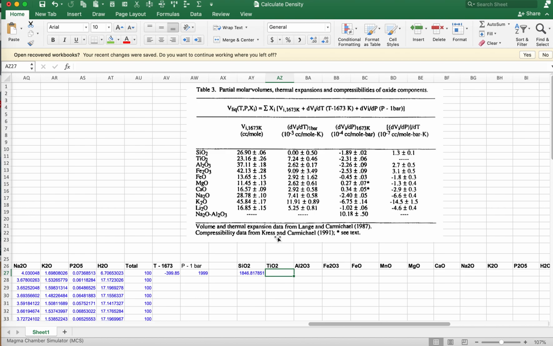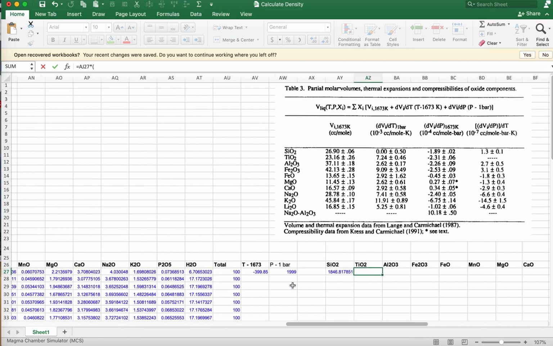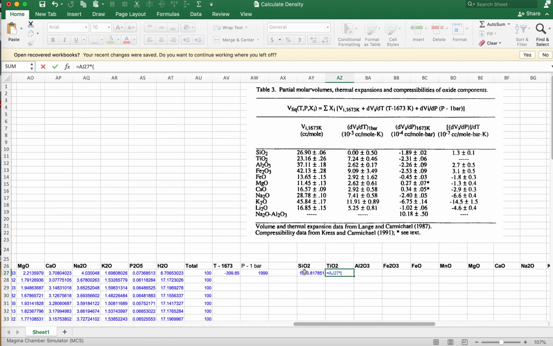And we'll do the next step for titanium. So titanium is a little more interesting because we have the non-zero value here. For titanium, that's the x sub I when I is titanium. So we'll take this value here, multiply it by, we'll have the open parentheses because we have a number of things we're going to multiply it by. The V sub I for titanium is 23.16 cubic centimeters.